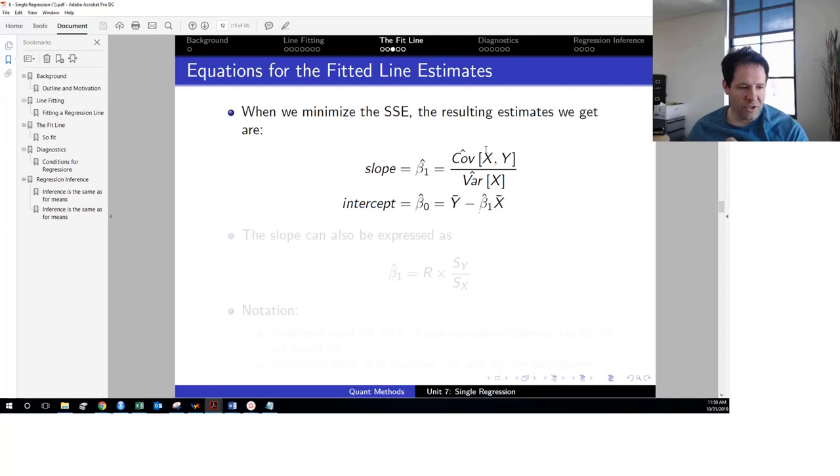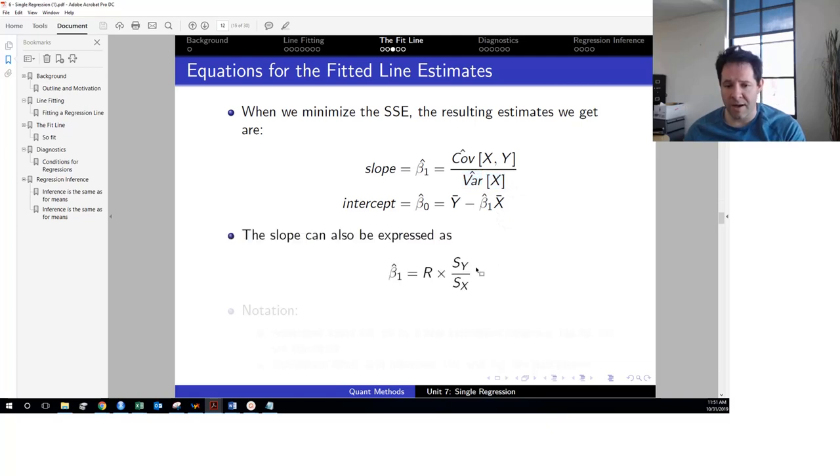Looking at this formula for covariance and variance, we could re-express this in terms of correlations and standard deviations. The trick is that covariance equals the correlation between x and y times the standard deviation of x and the standard deviation of y. The variance is just the standard deviation of x squared.